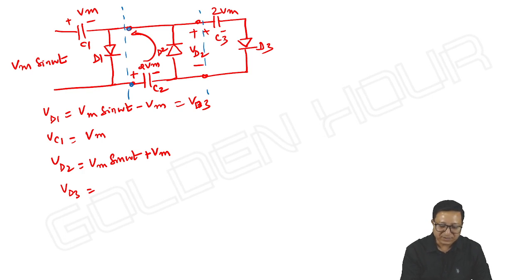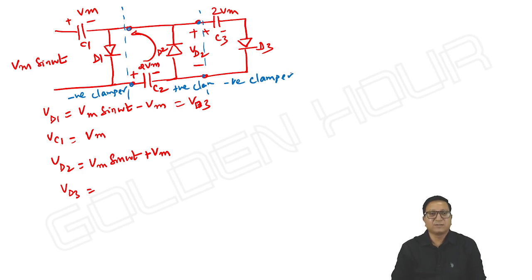Next, C2 D2, right? D2 output is acting as input to another negative clamper. So one negative clamper, positive clamper, again one more negative clamper. Alternatively, we are using this. Okay, that's it.